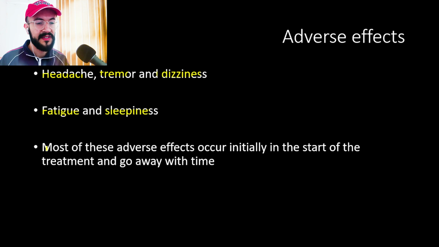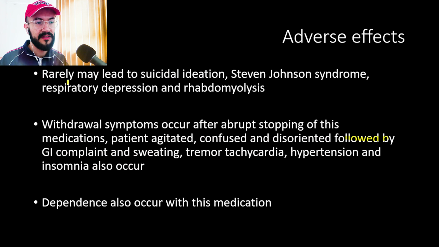Most of these adverse effects occur initially at the start of the treatment and go away with time. Now, the gabapentin may rarely lead to suicidal ideation and Stevens-Johnson syndrome, which is a type of allergic rash, and it also may lead to respiratory depression and rhabdomyolysis.